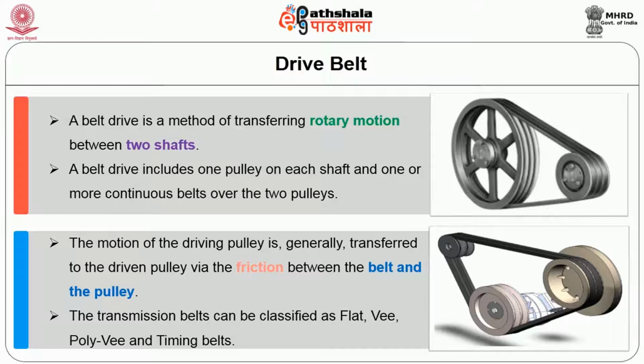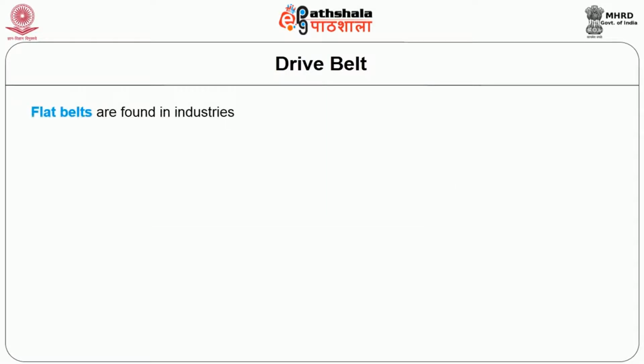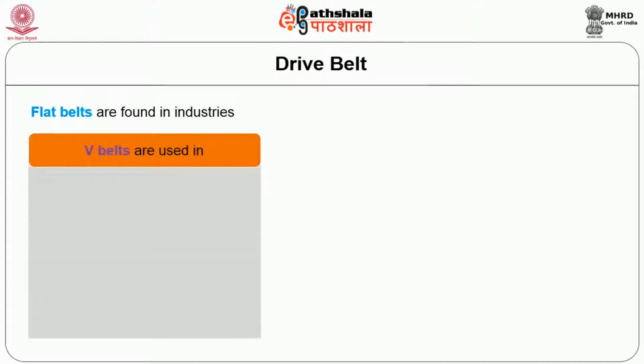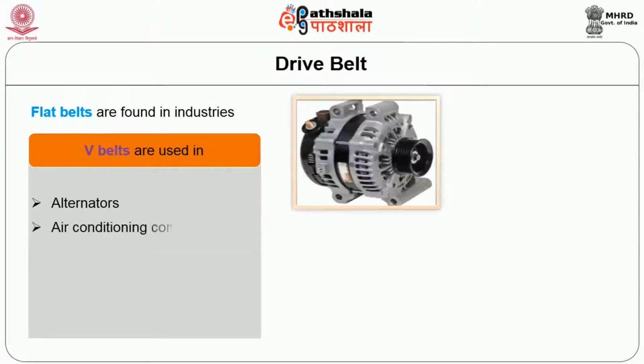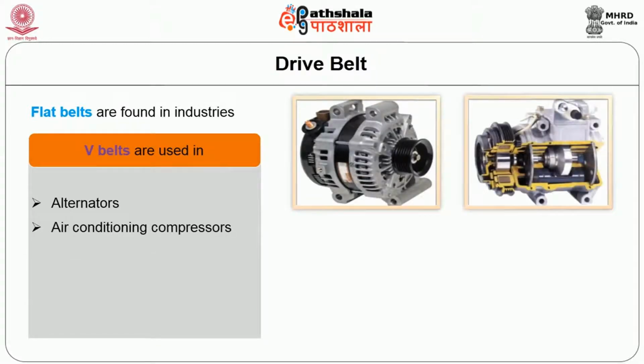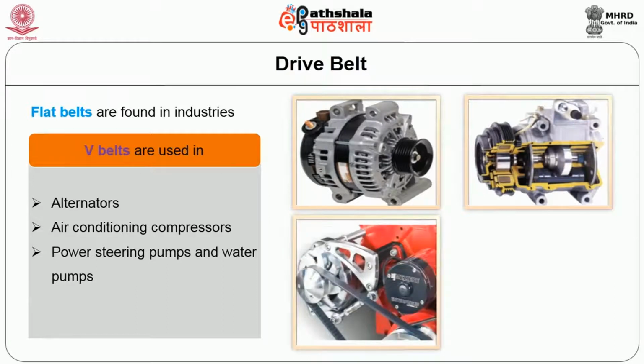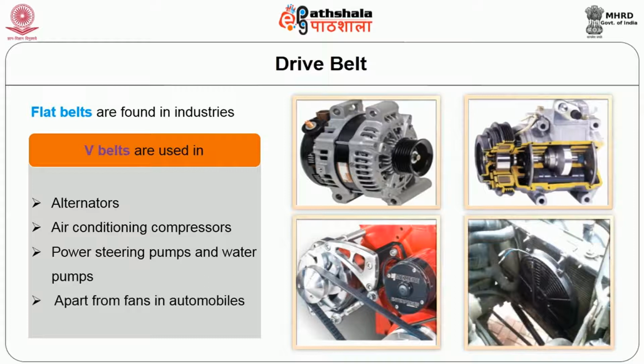The transmission belt can be classified as flat, V, poly V, and timing belt. Flat belts are found in industries. V belts are found in alternators, air conditioners, compressors, power steering pumps, and water pumps, apart from fans in automobiles.